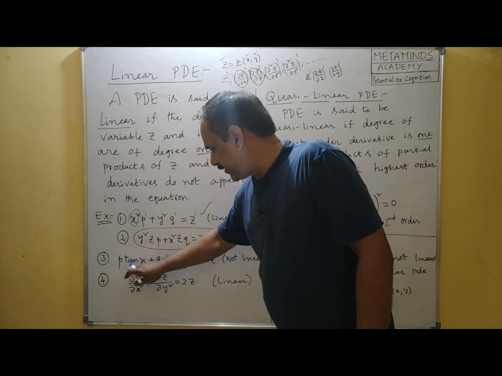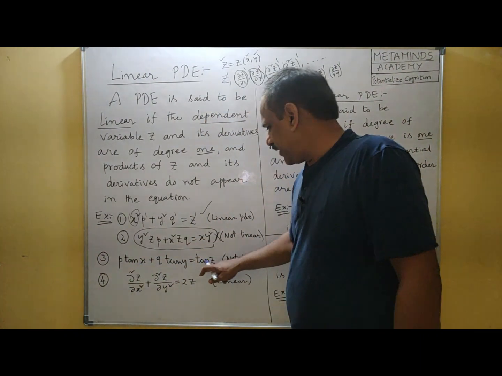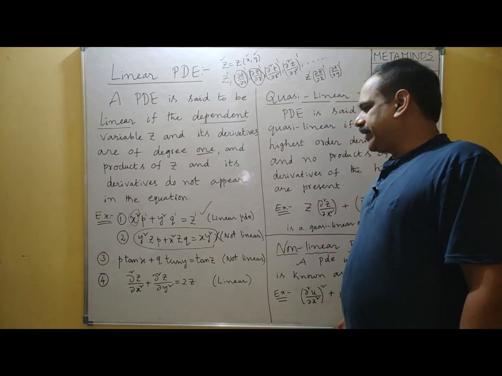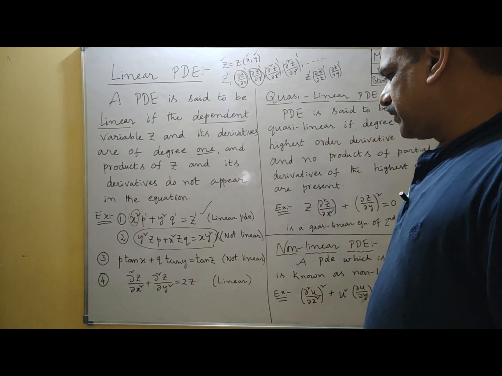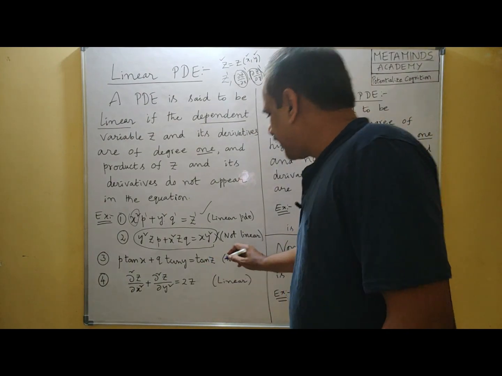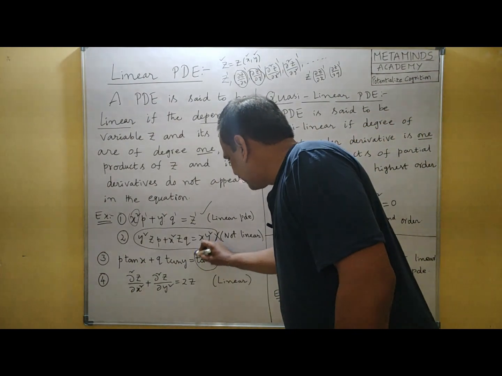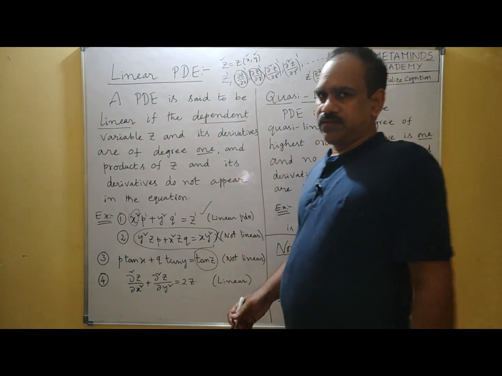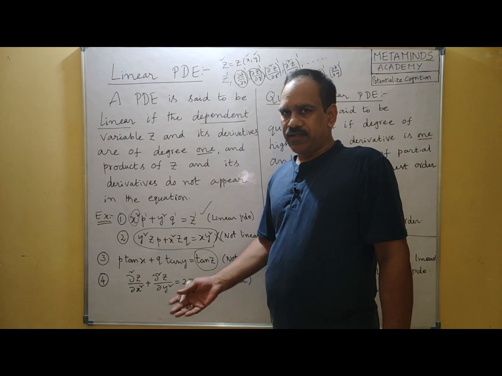Coming to this, p into tan x plus q into tan y equal to tan z. So is this a linear equation or a non-linear equation? Here you see the degree of z, coming to tan z. What is tan z? Tan z is actually a non-linear function.